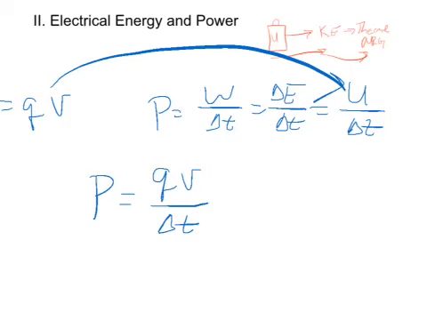Now when we look at this, we can see right away that this Q over T looks really familiar. We've just seen this. It is current.